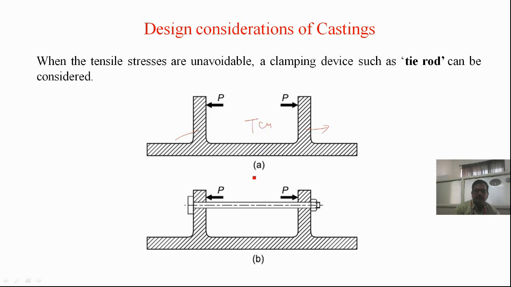In this case you have to have a tie rod. Here a bolt and nut assembly is used to connect these two, and forces are applied. This minimizes the chances of tension failure of this cast product.